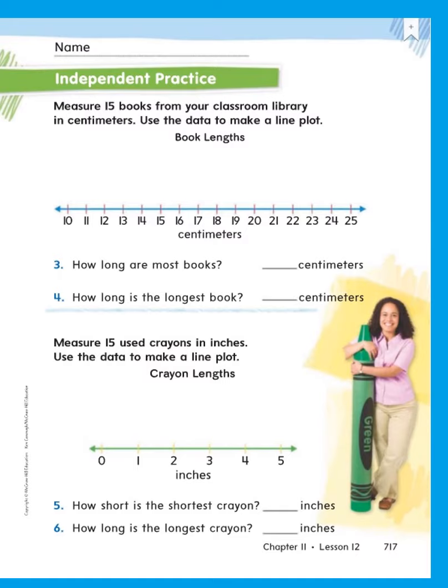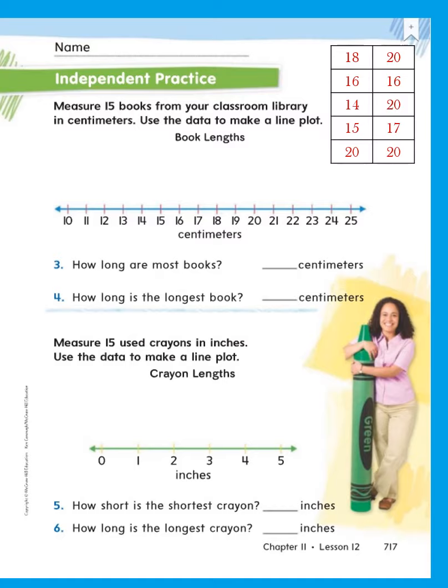So for page 717, I want you to ignore the directions. It says measure 15 books from your classroom library. I want you to use these numbers here in the top right, so forget the 15 books. These are the measurements for 10 books. What I want you to do is put them on the line plot.